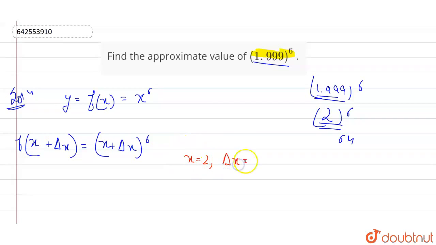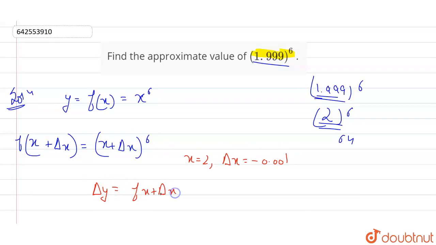If we take x as 2, delta x should be the value that gives 1.99, so it should be minus 0.001. This is how we will find the solution.